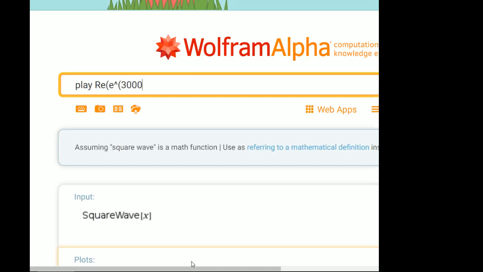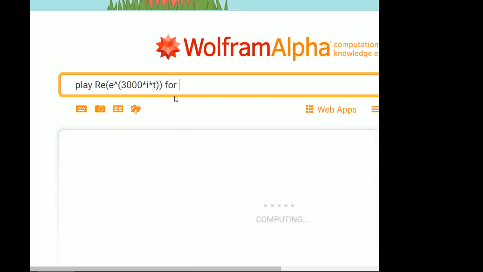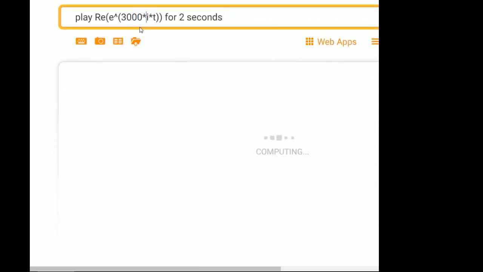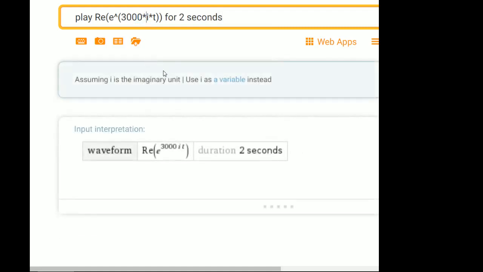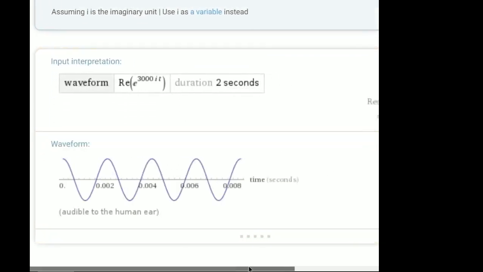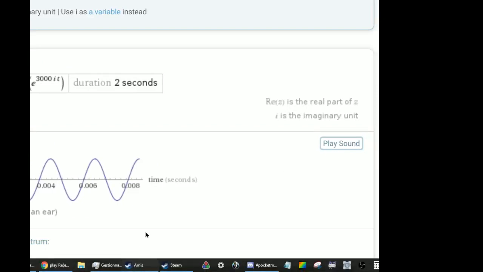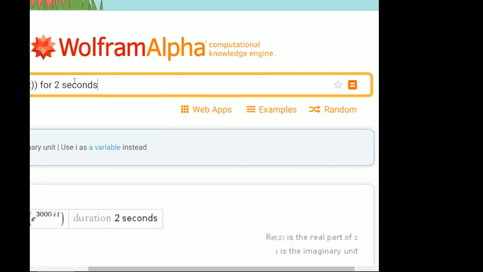And also something I didn't mention is that if you want to have a phase, well, so this was our signal from earlier. For 2 seconds, please. Okay. Now, if you want to have a phase, you need to add plus i times some coefficient.